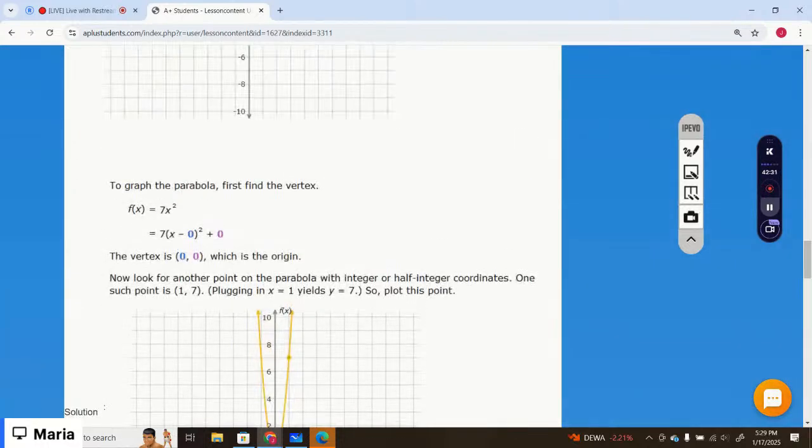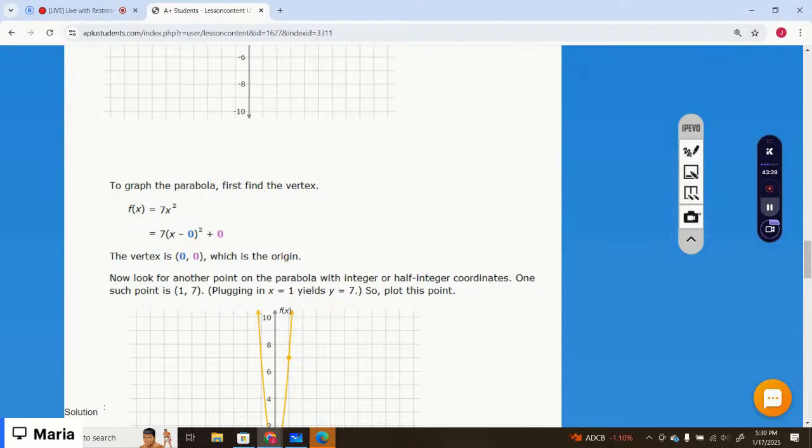The next one is f of x equals 7x squared. So the vertex is again 0 and 0.